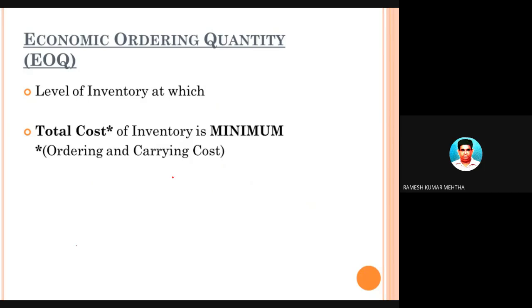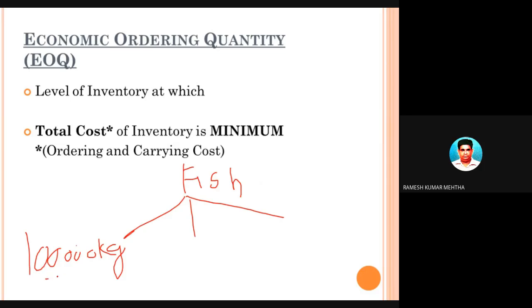Now, I will give you another example. For example, fish. Somebody is doing a business of fish. He has anticipated that during the whole year the total demand is something like 1 lakh kilos of fish. This is the annual demand, meaning his customers will demand 1 lakh kilos in the whole year.